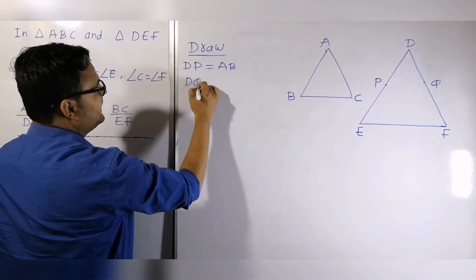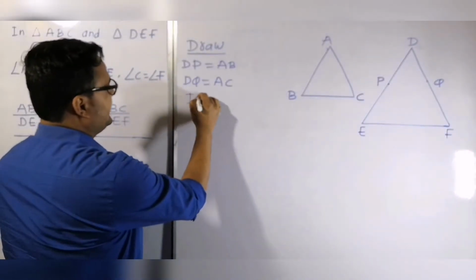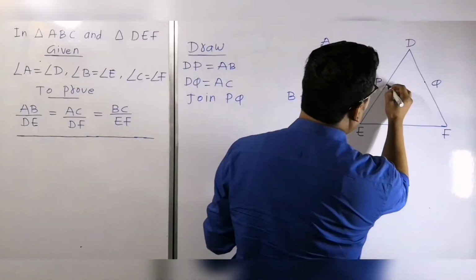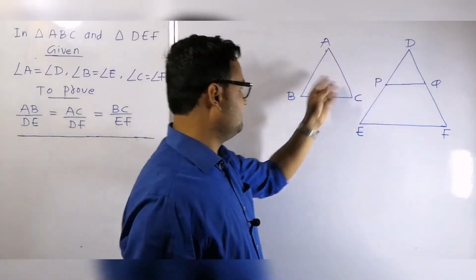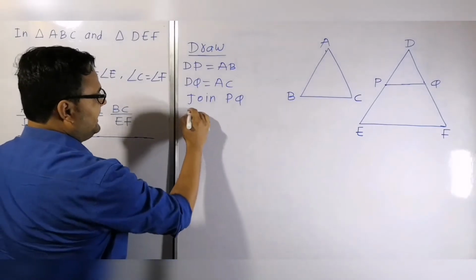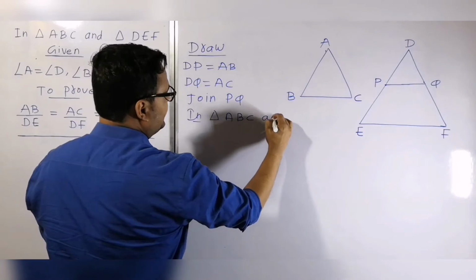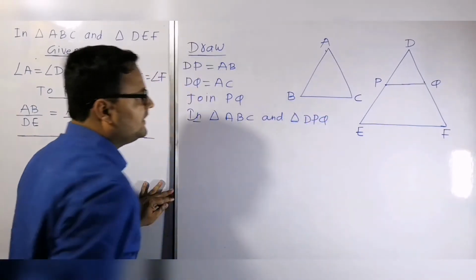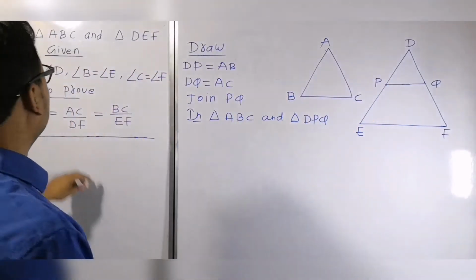DQ equal AC, and we have to join PQ. Now simply we have to join this one. They don't look similar, but by construction they are similar. So now in triangle ABC and triangle DPQ, first check what we have.